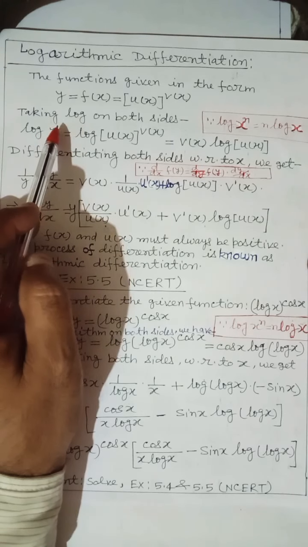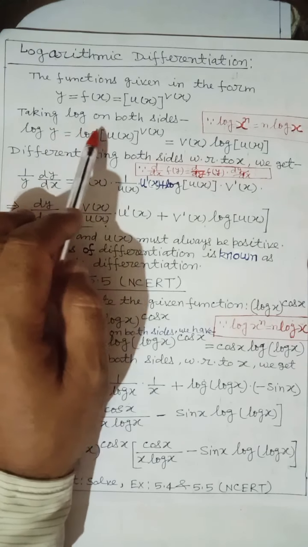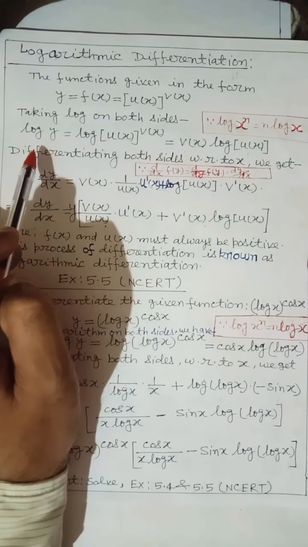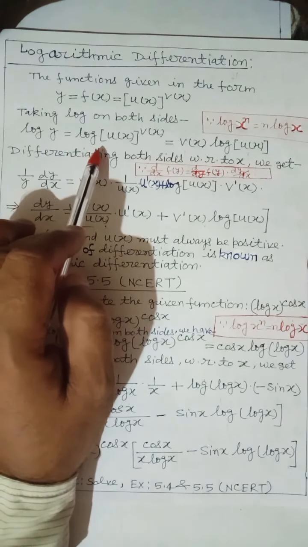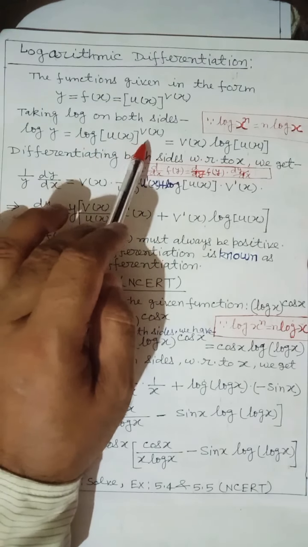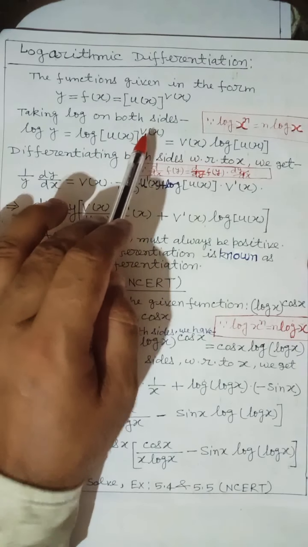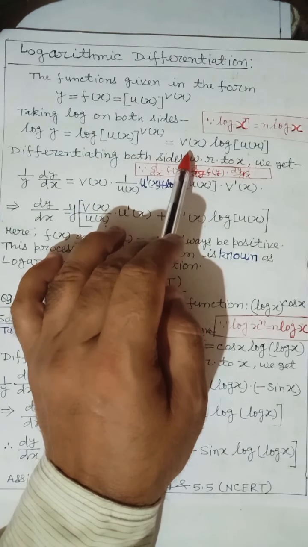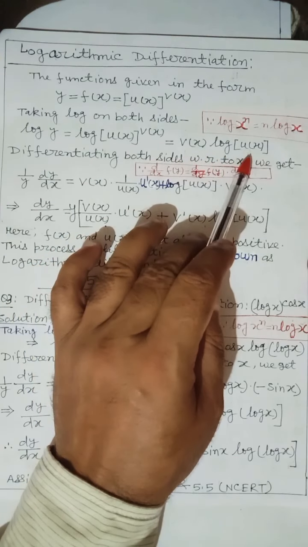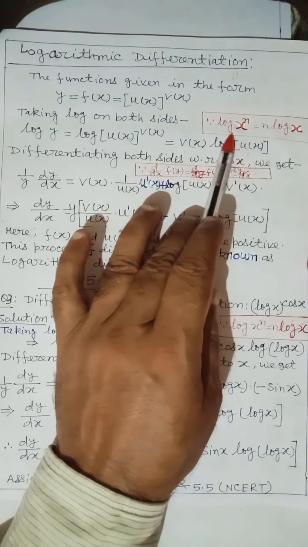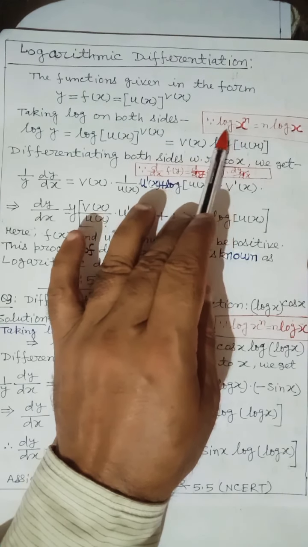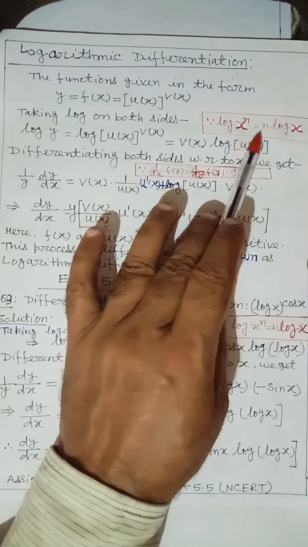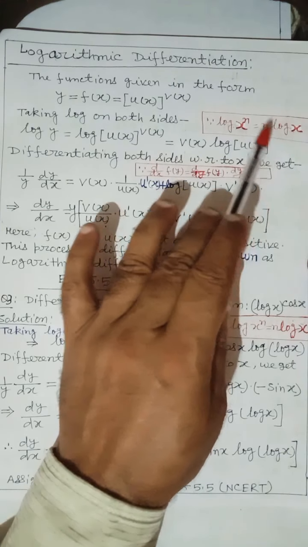Here take log on both sides, we get log y equal to log u(x) to the power v(x), and this can be written v(x) log u(x) from this law, that is log x to power n equal to n log x.